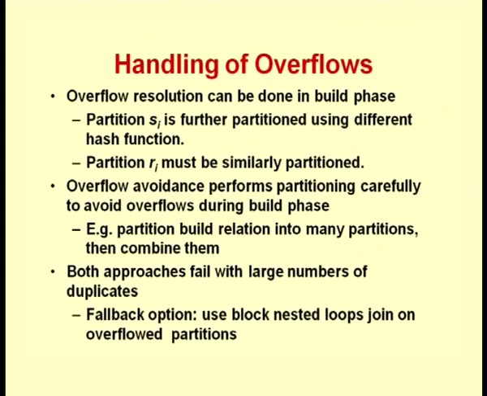Overflow resolution can be done in the build phase, where the partition of S is further partitioned using another different hash function, and the partition Ri must be similarly partitioned. Overflow avoidance performs partitioning carefully to avoid overflows during the build phase: partition the build relation into many partitions and then combine them. Both approaches fail with large numbers of duplicates. As a fallback option, we use block nested loops join on the overflowed partitions.